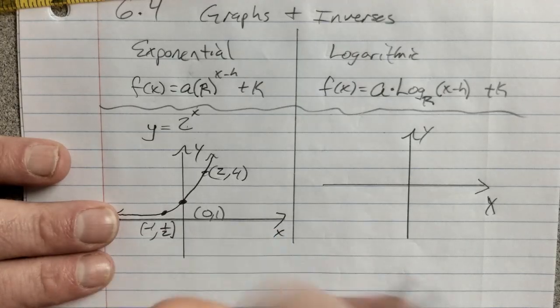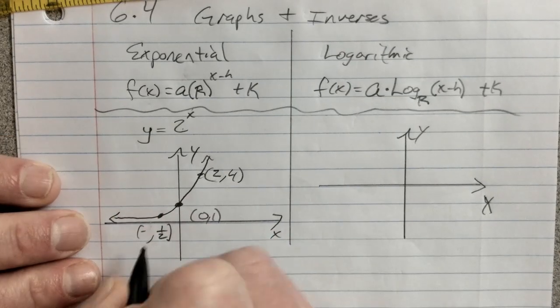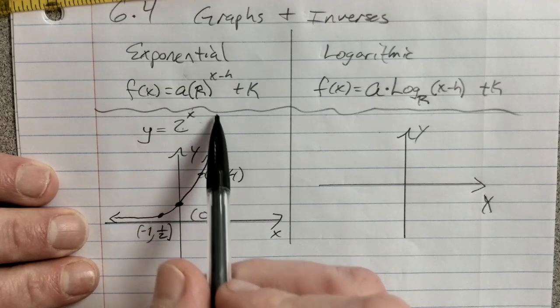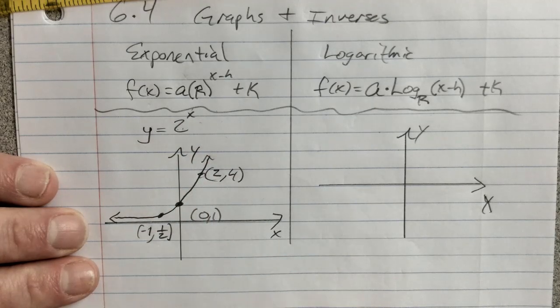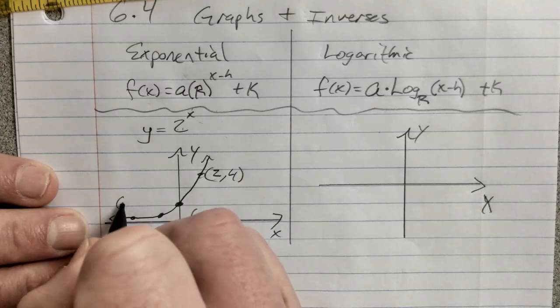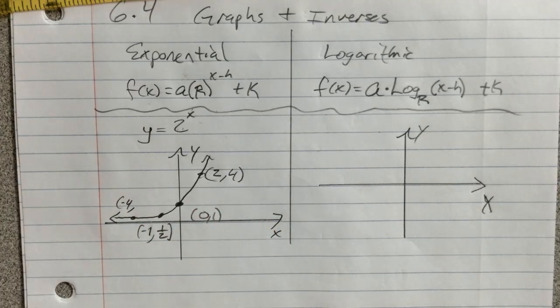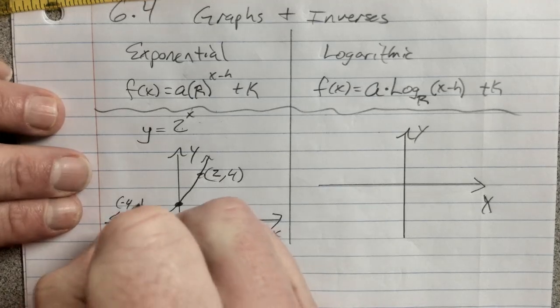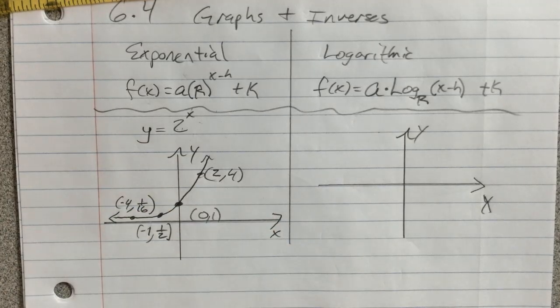So 2 raised to the negative first power becomes 1/2. What about way over here? What if we had a -4 for my x value? What is the y value going to be? 1/16. Good job.